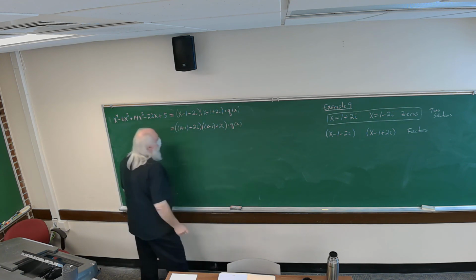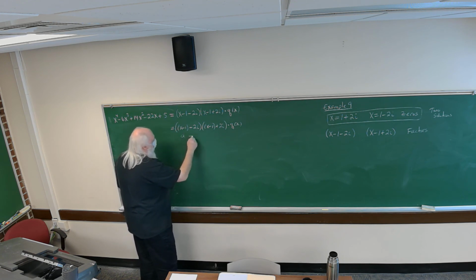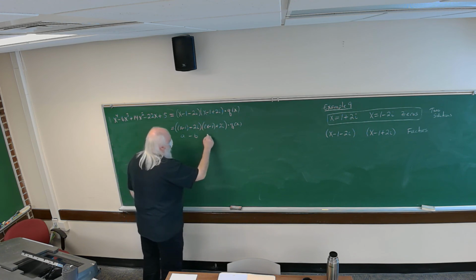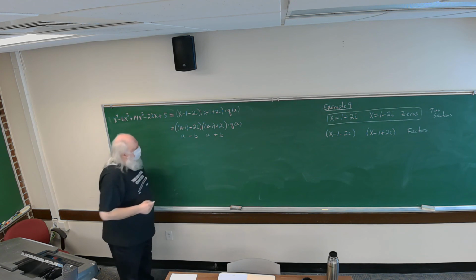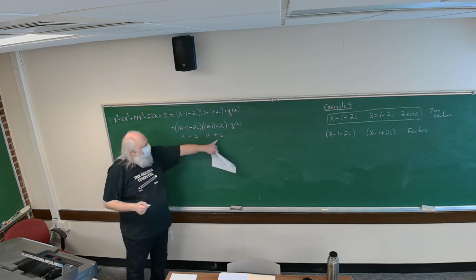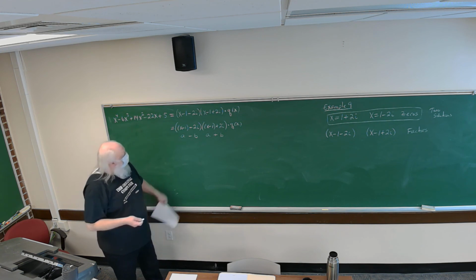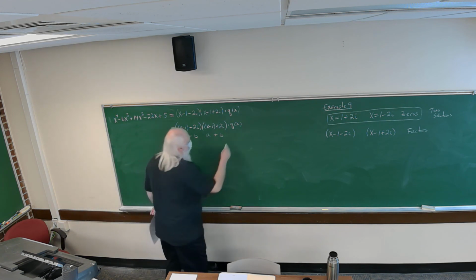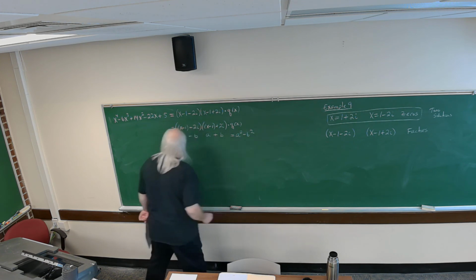And now you can see that this factor here is of the form a minus b, and this factor is of the form a plus b. A is equal to x minus 1, b is equal to 2i. We've already done this earlier today. And you know when you multiply that out, you get a squared minus b squared, right?